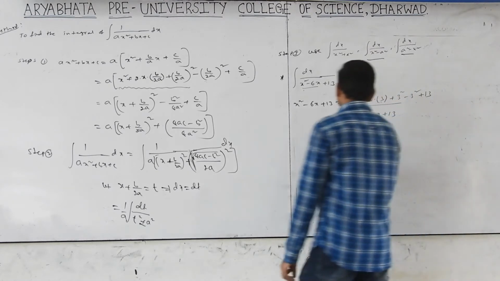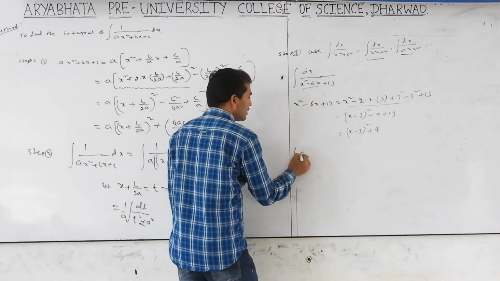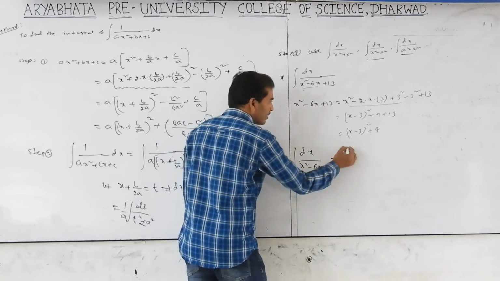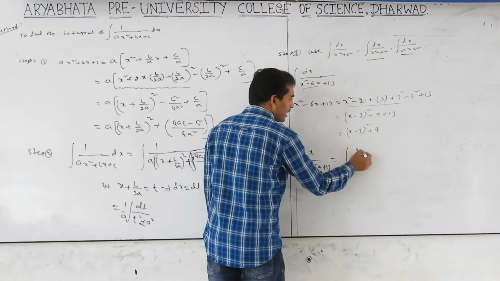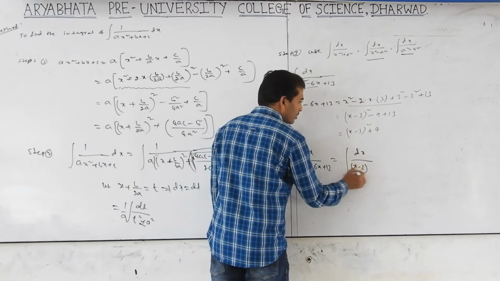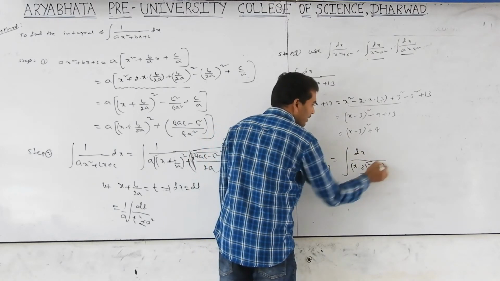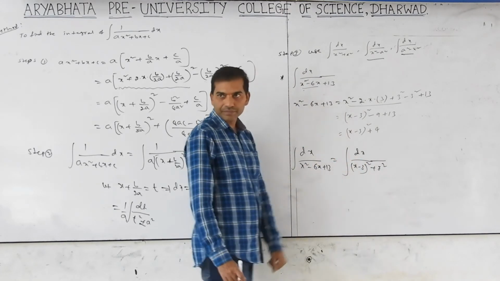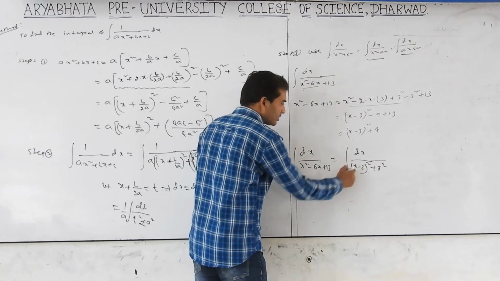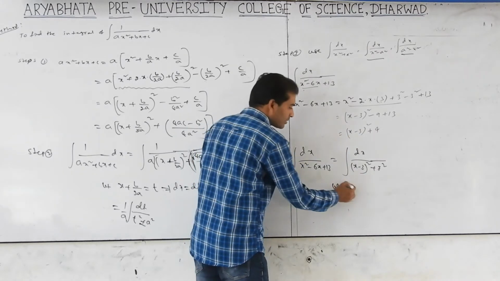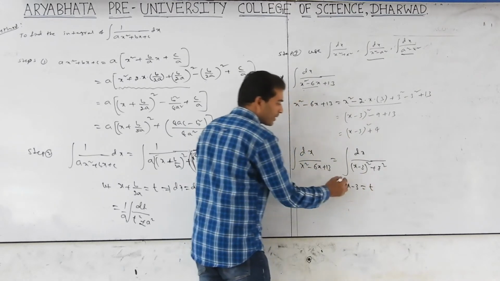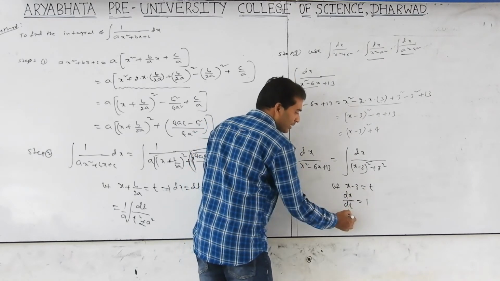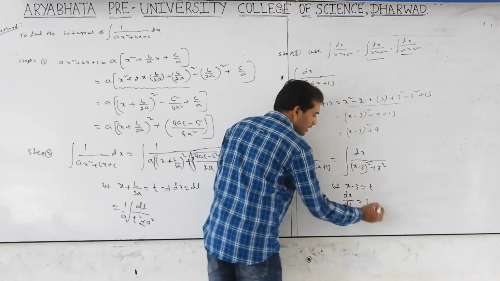Right. Substituting into the integration, dx by x square minus 6x plus 13 equals dx by x minus 3 whole square plus 2 square. Let x minus 3 equal to t, because the differentiation of the constant is 0. Differentiating, dx by dt is 1, so dx is equal to dt.